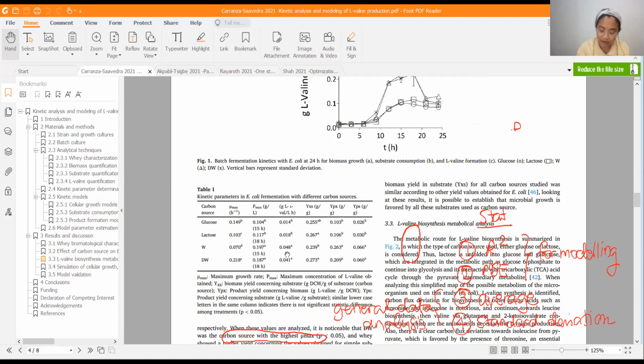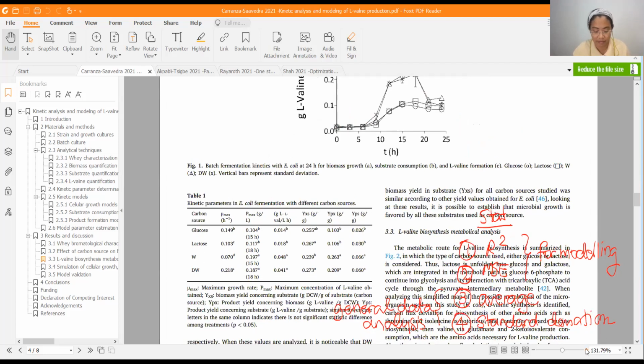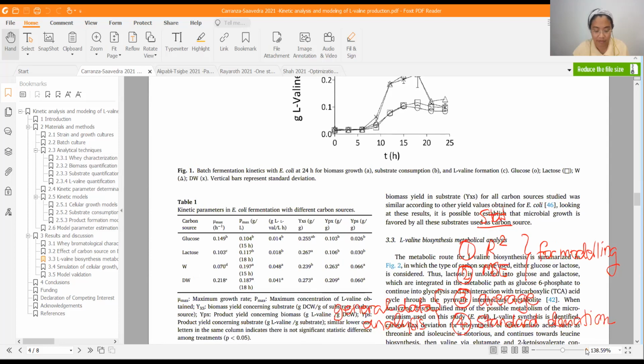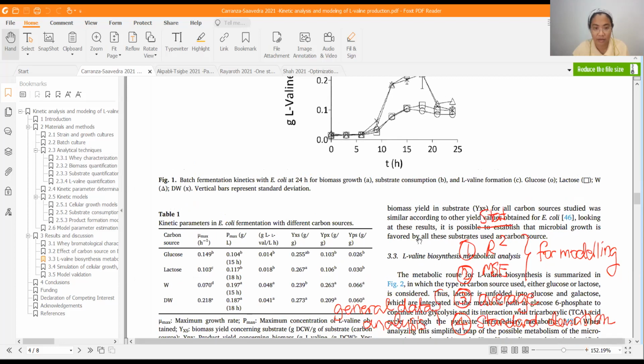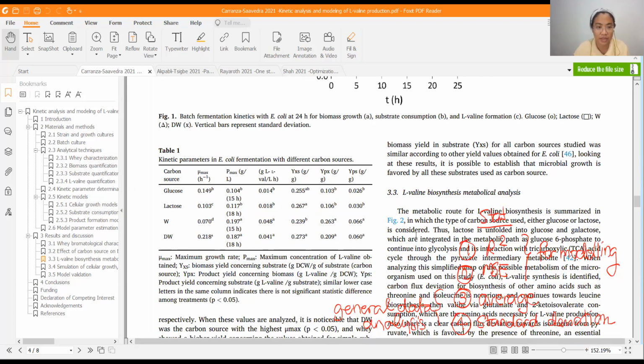Scroll down a little bit, you'll see this table. You see that in this table, let me expand it a little bit, there were a number of values.